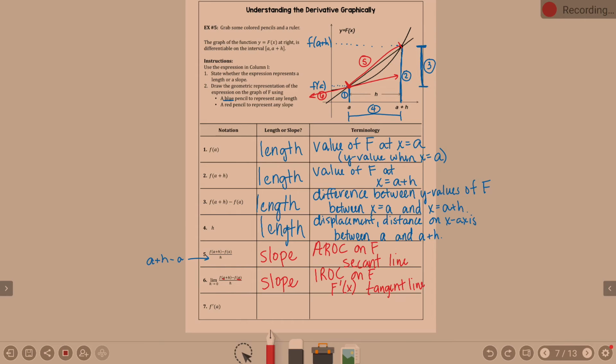And one more to consider when you're ready. Number 7 is f prime of A. What is that notation for? Slope, because that's derivative, right? That's saying the derivative of f at point A. So again, this is slope.